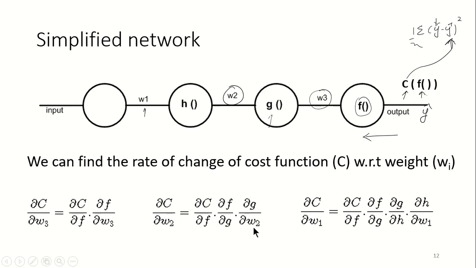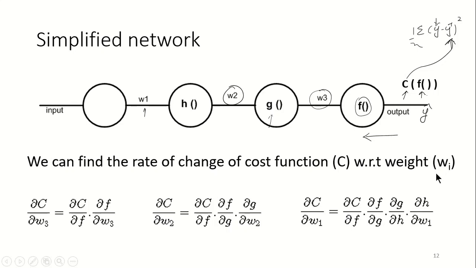And then for the last one, dou C by dou W1, dou C by dou F, dou F by dou G, dou G by dou H, and dou H by dou W1. That's how it goes. So in this way, we have to find out the derivative with respect to all the weights.